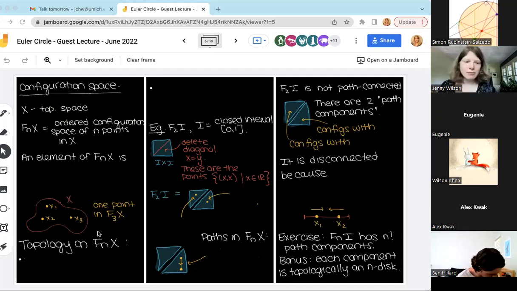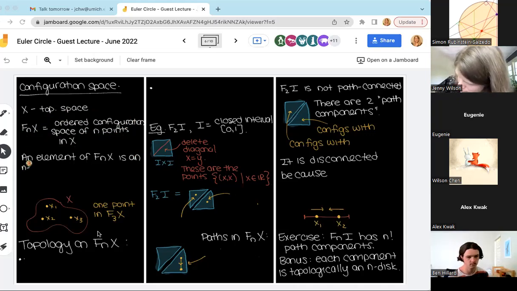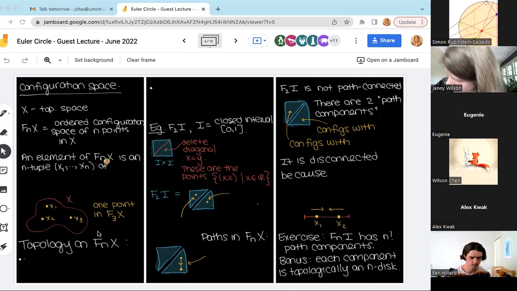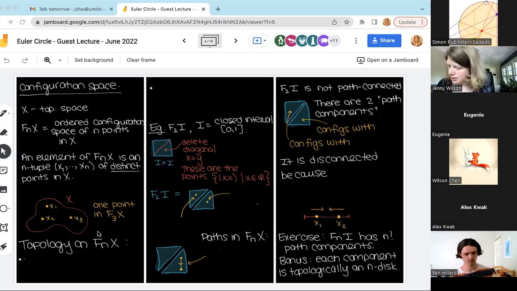An element in the space is an n-tuple (x1, ..., xn) of distinct points in X. So an ordered list of distinct points in X.